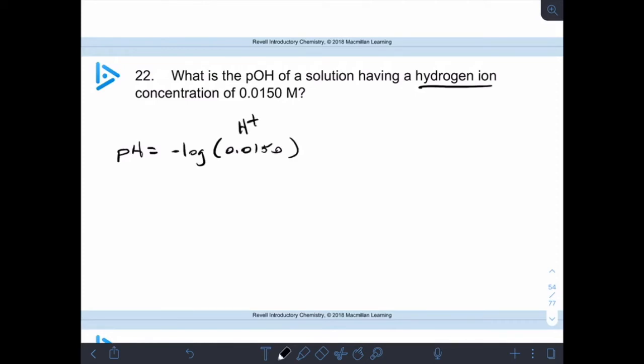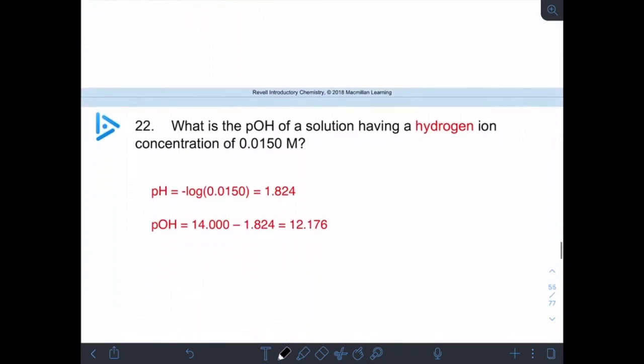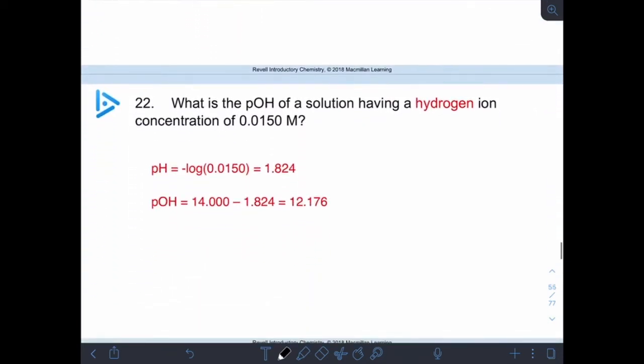That's my H plus concentration. And to be honest, I forgot to calculate this one. So we're just going to talk about how we find the pOH is 14 minus the pH. All right, so we'll take a look at our next slide and we'll see that worked out.